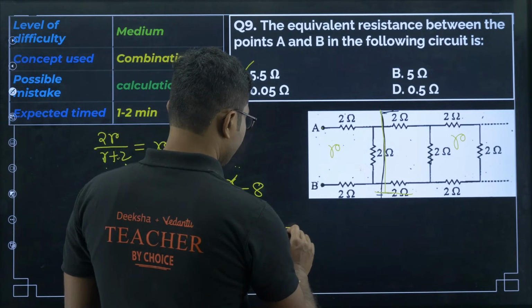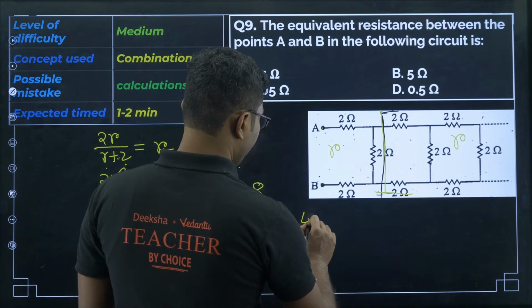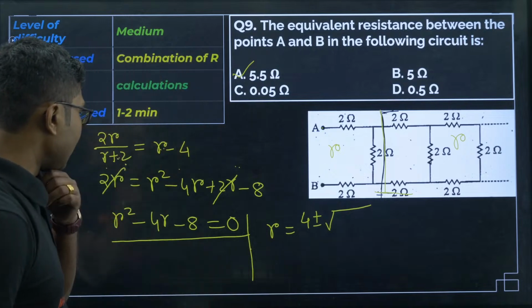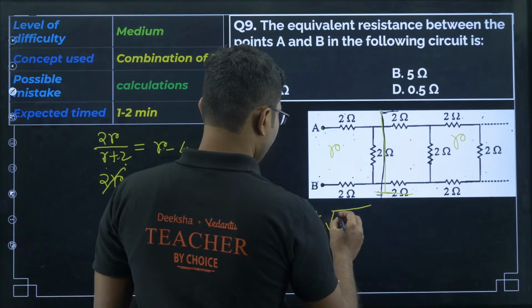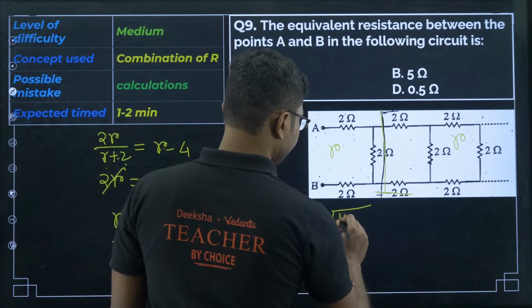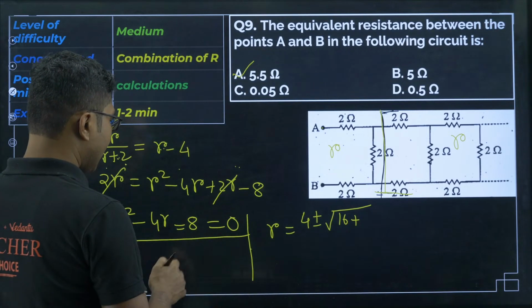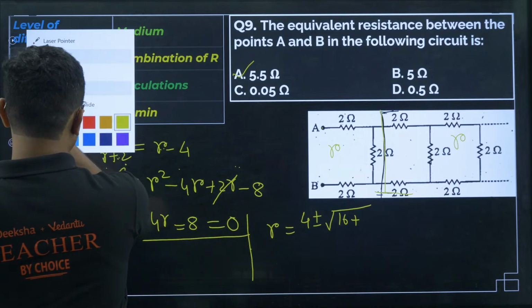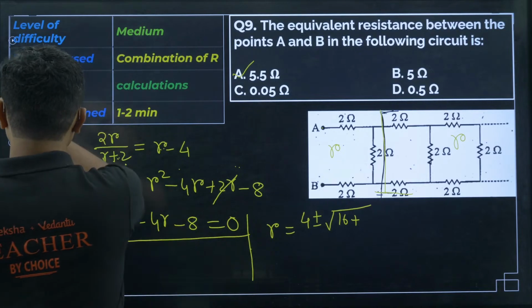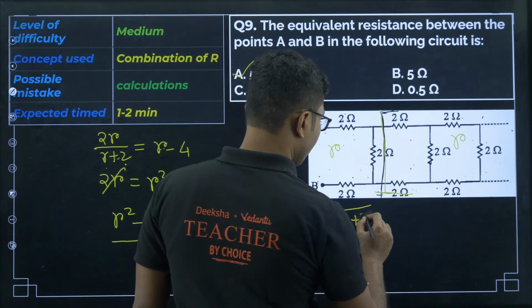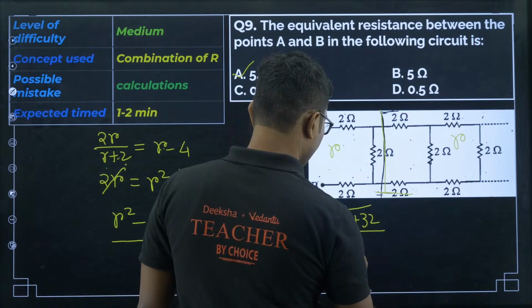Okay, r equals 4 plus or minus square root of b square minus 4ac, b square is 16. Okay, minus 4ac, so c is minus, so the ac term will be plus. So 4 times 8, 32, divided by 2.